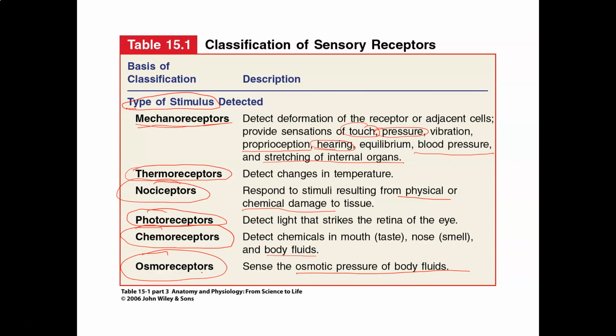So we do have osmoreceptors, but again, that's not a completely separate kind of stimulus. It's a chemoreceptor, responding to solute concentrations, and also it's acting like a mechanoreceptor in that it's sensing this pressure, the osmotic pressure, where water will move from lower to higher solute concentration regions.